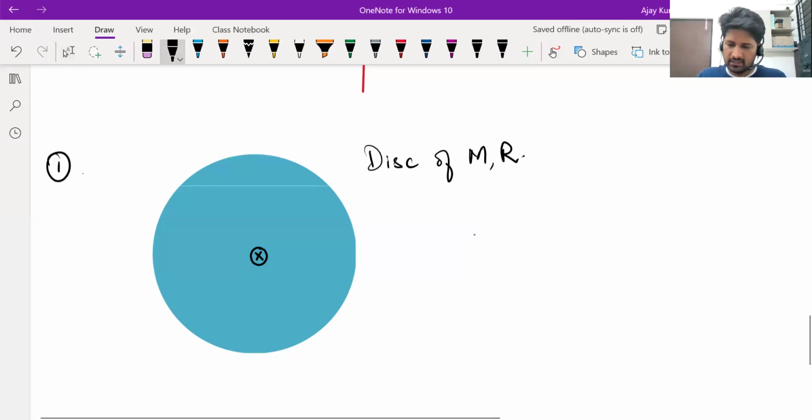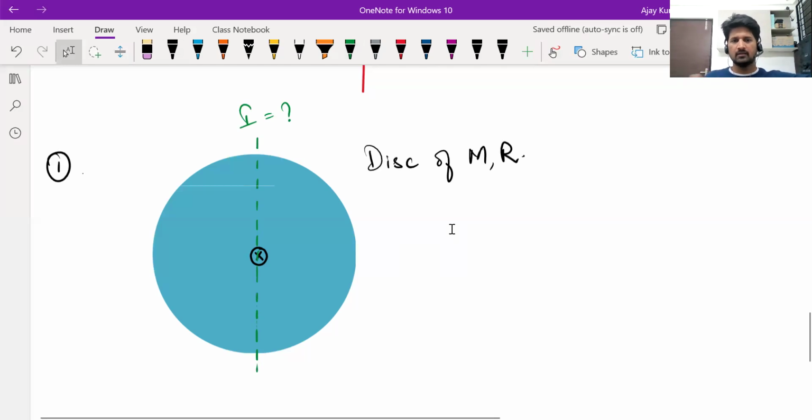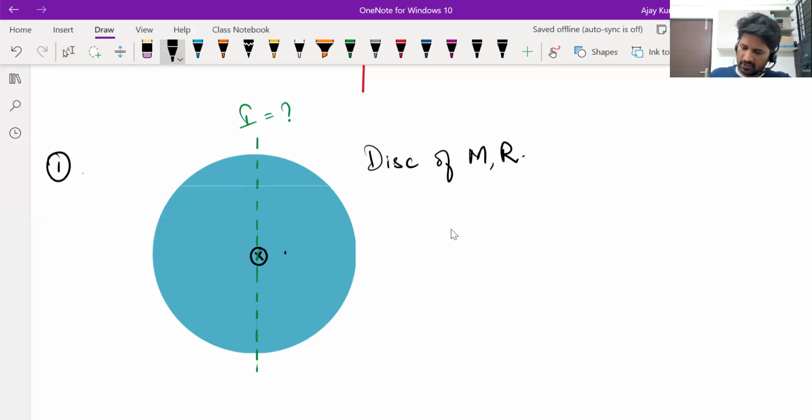Now derive its moment of inertia about one of its diameters. I don't want you to derive it from the basics by using integration and all. You have to use some idea about moment of inertia to derive this. Remember, you know that the moment of inertia about the z-axis here is mr square by 2. Try to make use of it somehow.